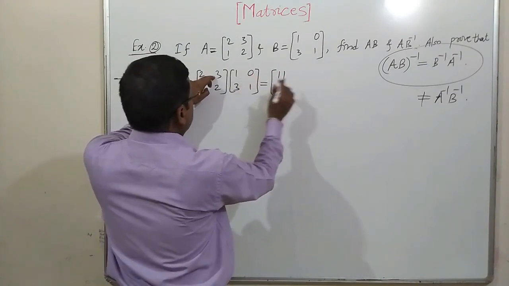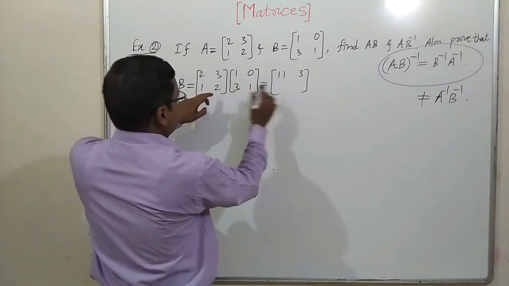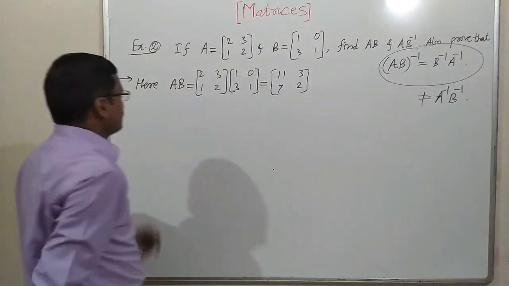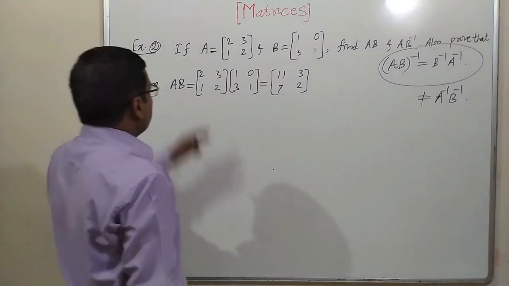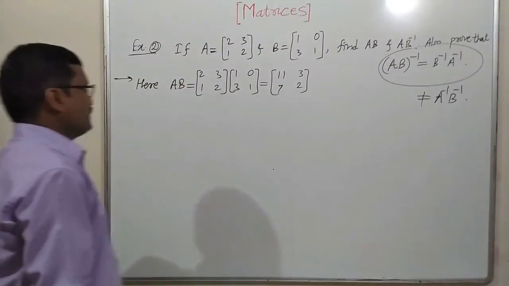Here 0 plus 3, that is 3. 1 plus 6, that is 7. And 0 plus 2, that is 2. So this is matrix AB. Okay. Now we have 3 matrices A, B and AB, and we want inverses of these 3 matrices.